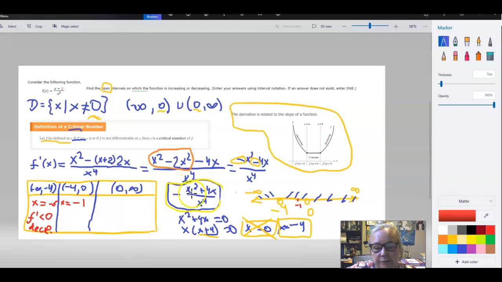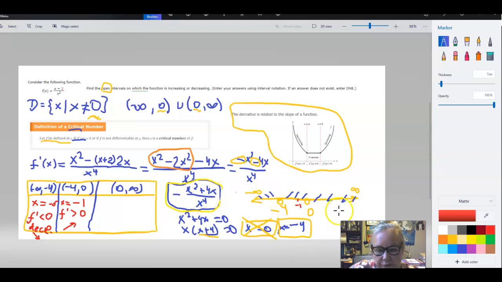So this portion will be -3, and the negative sign makes it positive. So the derivative will be positive, and the function is increasing. I will show you this sign for increasing.